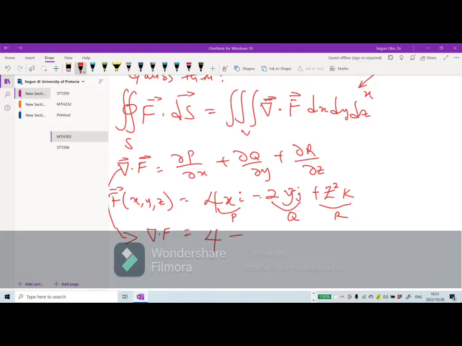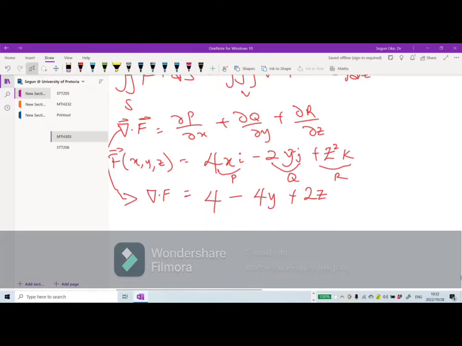When you differentiate this one with respect to y, you have 4y, and this with respect to r, you have 2z. So I can go ahead and substitute it into my integral formula. I'm going to have a triple integral, because I'm solving it from the other side.